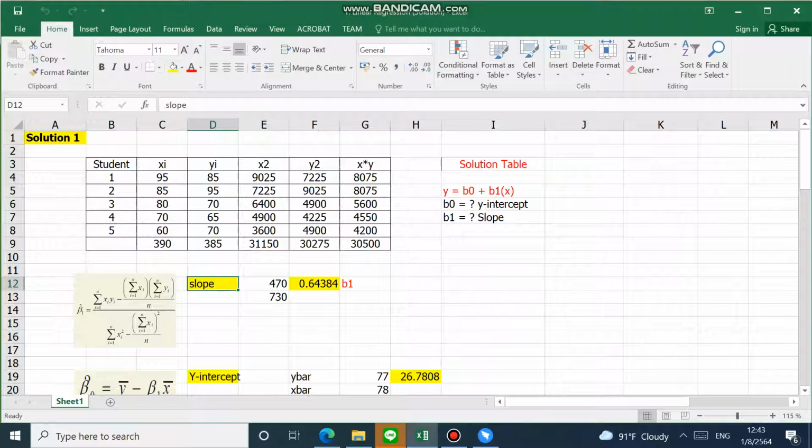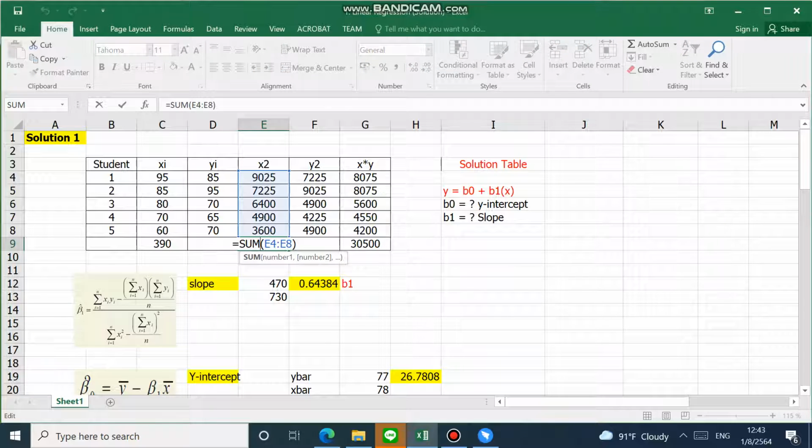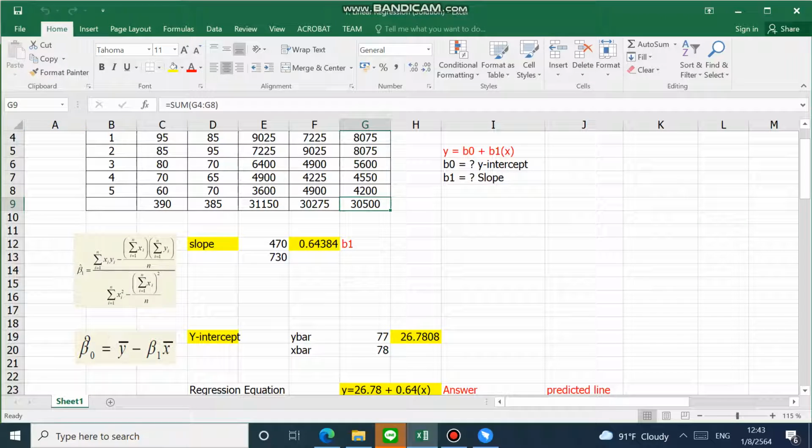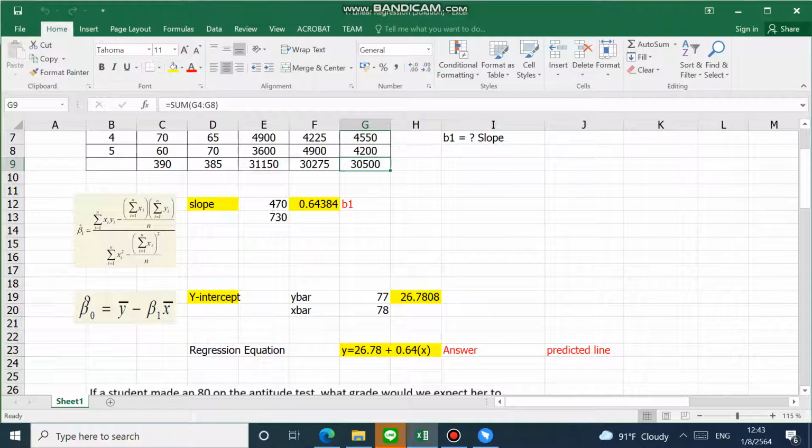So easy, you can just compute x squared, y squared, and x times y, and then this is the summation of x squared, summation of y squared, and summation of x times y. And then you get the slope, right?